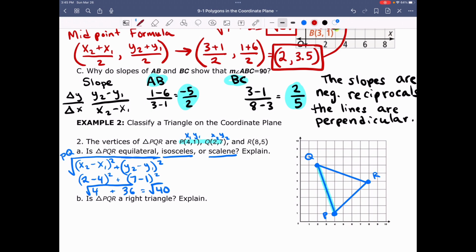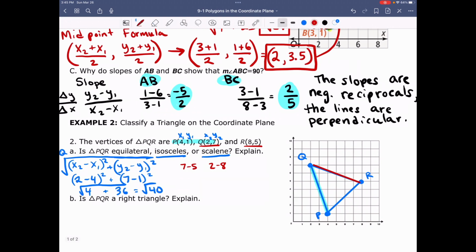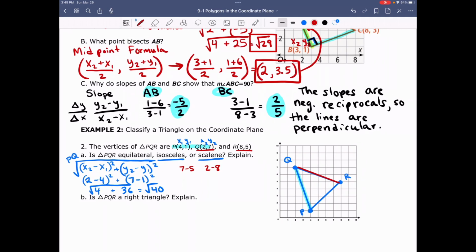Now let's do the distance from Q to R. Same thing, I'm going to subtract the y's. So 7 minus 5 and 2 minus 8. Oh, I did that in the wrong order. It doesn't matter though because we're adding them. So I did the y's first. In this case, it does not matter.